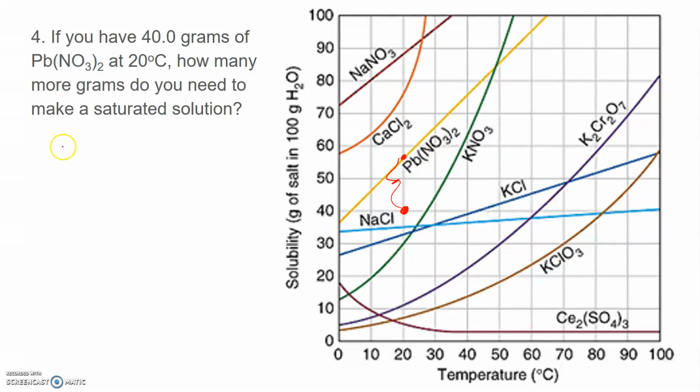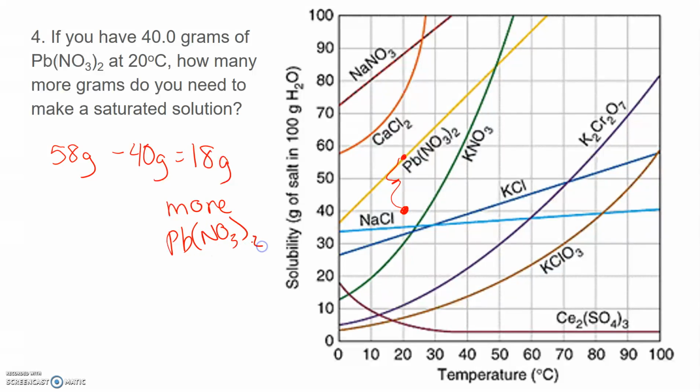So in order to make a saturated solution, we need 58 grams. We only have 40 grams. So we can dissolve a total of 18 grams more of PbNO3. Okay. Again, that's because we have 18 grams less than what we need to make a saturated solution.